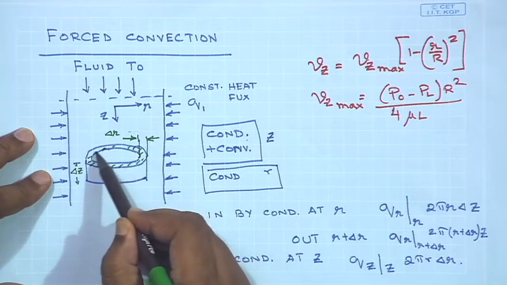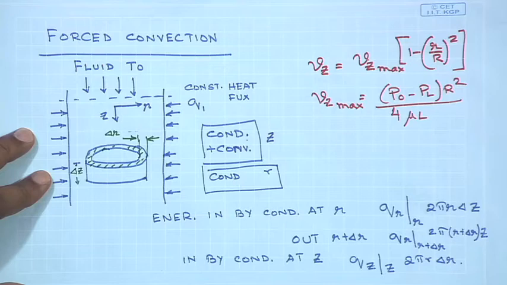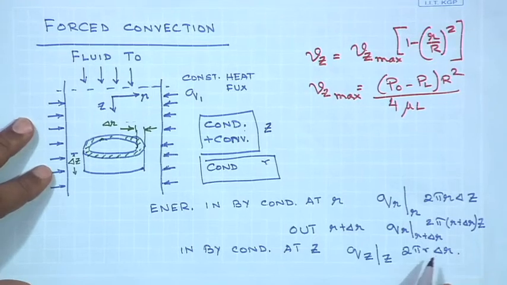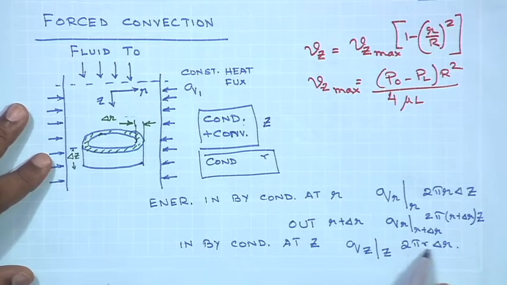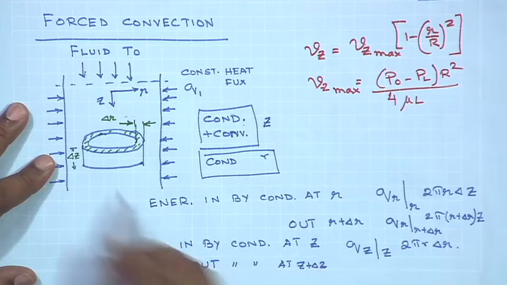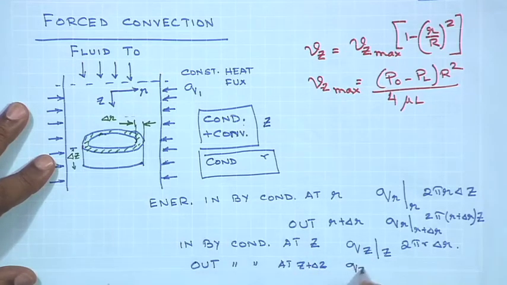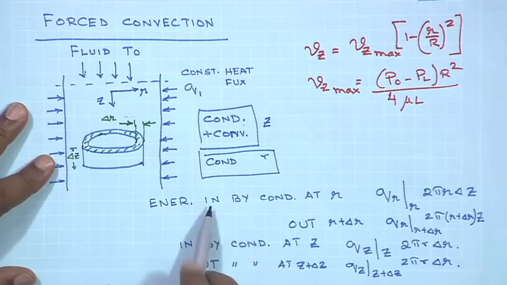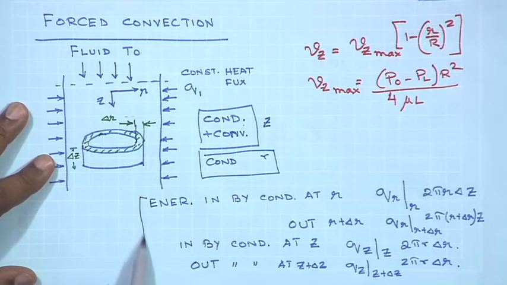So the top annular area multiplied by the conductive heat flux in the z direction can be written as qz at z times twice pi r times delta r, and therefore out by conduction at z plus delta z would be qz evaluated at z plus delta z times twice pi r times delta r. So these four terms are all due to conduction.